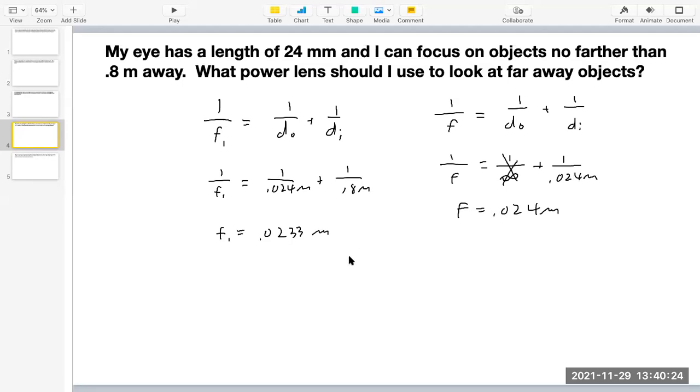So combining them together, 1 over the focal length of my eye plus my eyeglasses is going to be equal to 1 over the focal length of just my eye, plus 1 over the focal length of my eyeglasses.